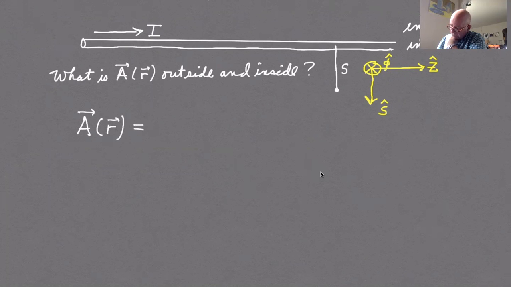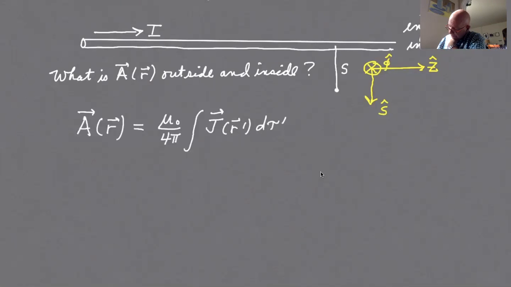A is equal to mu naught over 4 pi, the integral of J as a function of r primed coordinates, over the volume d tau over r. Now that's a great formula, and we've actually used it, but it's not good in this case. It's not good for currents that extend to infinity.